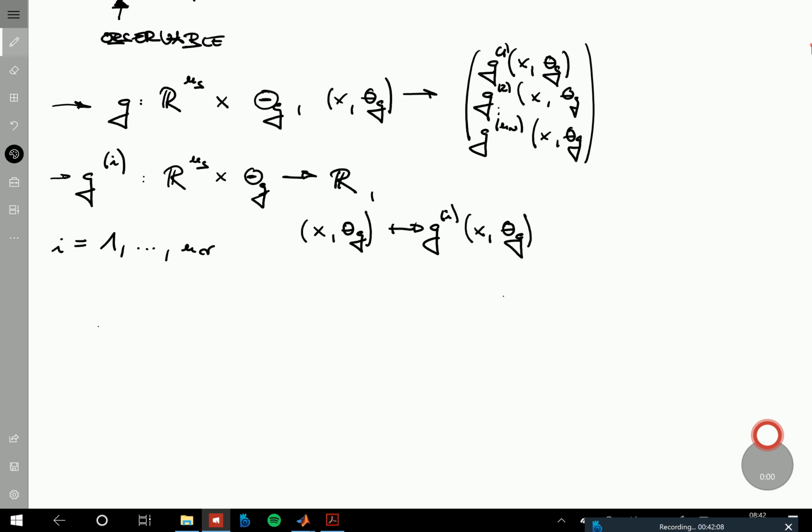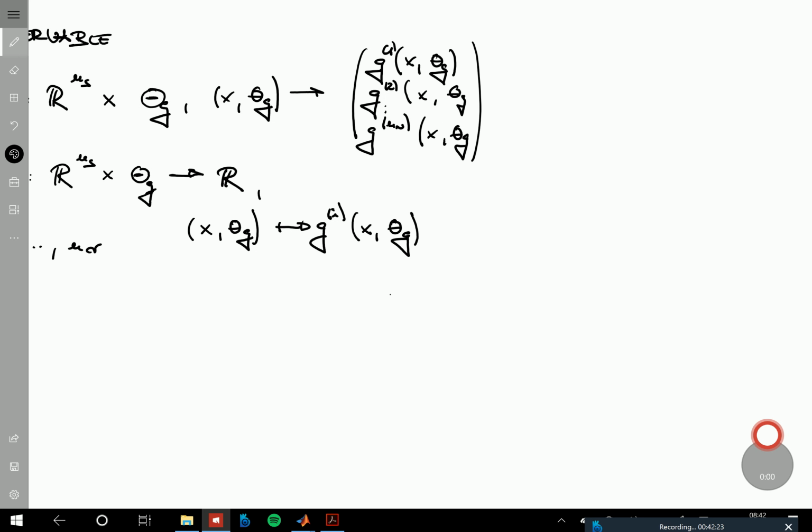So one could also pass to it only the ith part of the state vector, but it depends in the end on how you implement it. We could also write x1, x2, whether you give it the whole thing or just a subpart. If in its evaluation it only looks at the subpart anyway, it doesn't really matter.